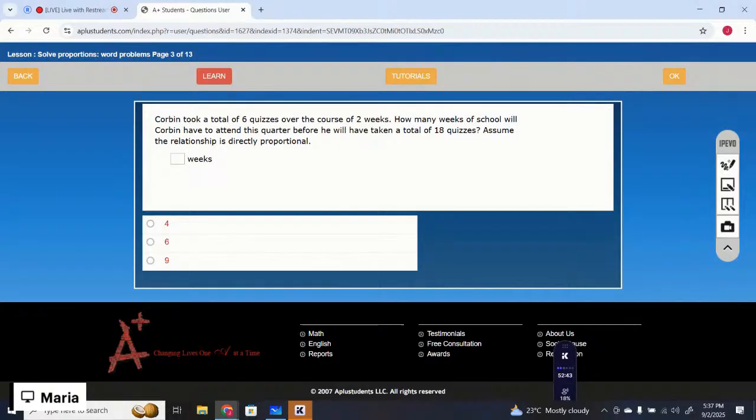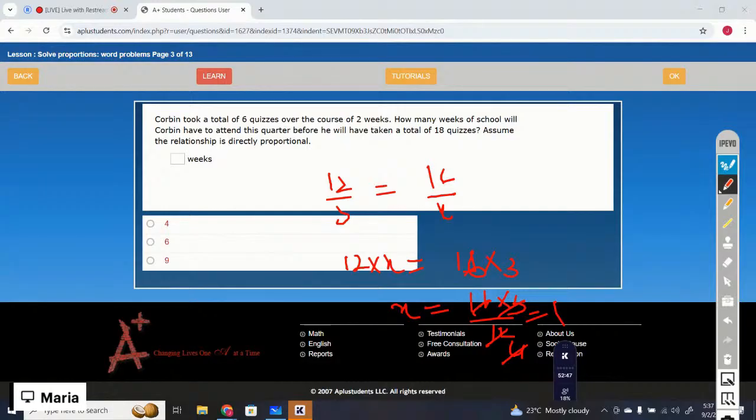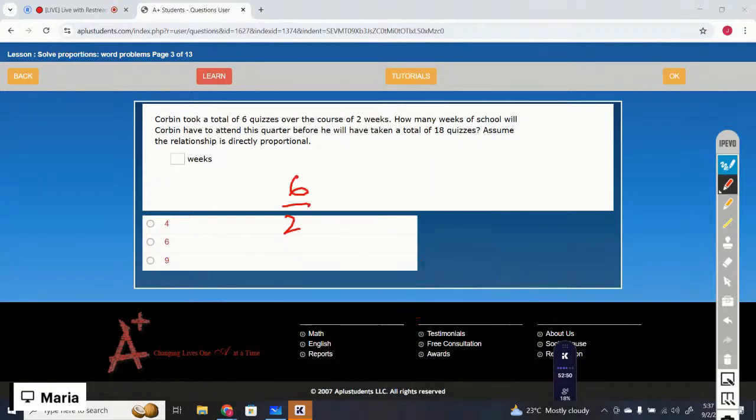Corbin took a total of 6 quizzes over the course of 2 weeks. How many weeks of school this quarter before he has taken a total of 18 quizzes? So just solve it for x, that is 6.